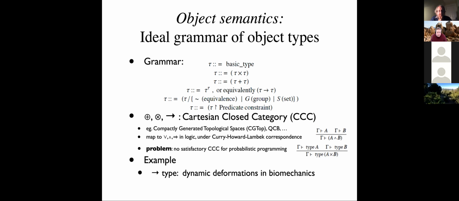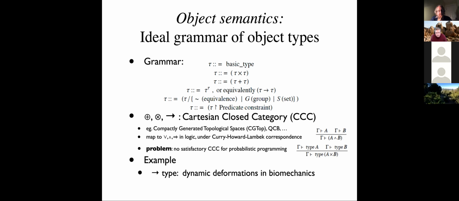And a lot of that is provided mathematically if you have a Cartesian closed category. That's the goal of a lot of programming language theory research, to provide CCCs for programming language semantics. And then you can do these type judgments like the thing shown on the left, where if you have type A and type B, then you can get a cross product type.